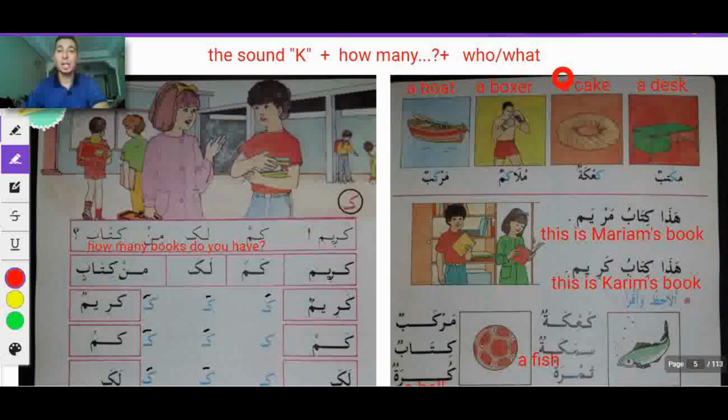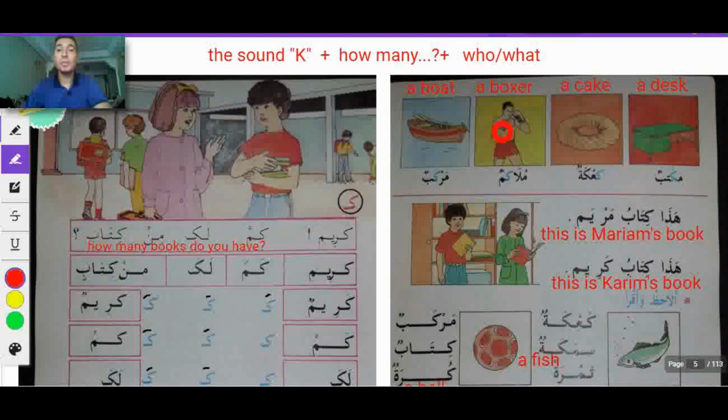So these are two words that we have already seen in the first video. For those of you who haven't seen it yet, consider seeing it, because it's a series of lessons. So a desk is maktabun, and a boat is markabun.